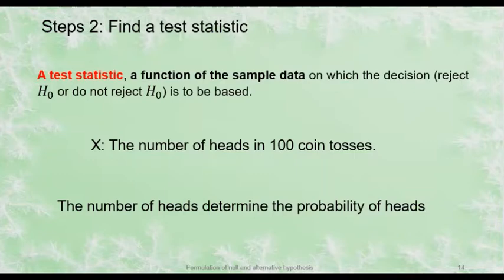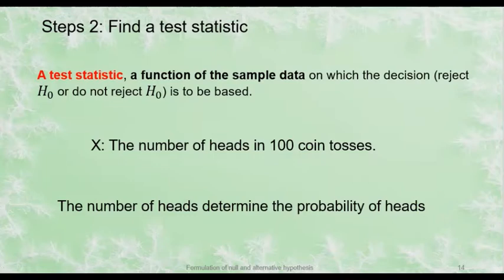Let's go back to the example, to the game. Let X, a random variable here, as a test statistic, be the number of heads in 100 coin tosses. The number of heads in 100 tosses gives us some information about the probabilities.